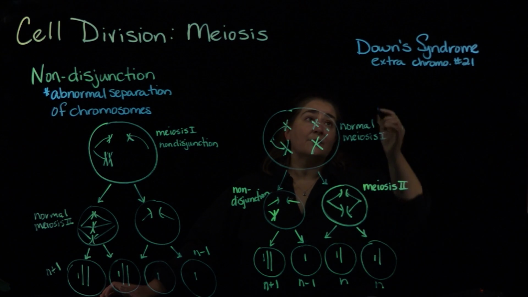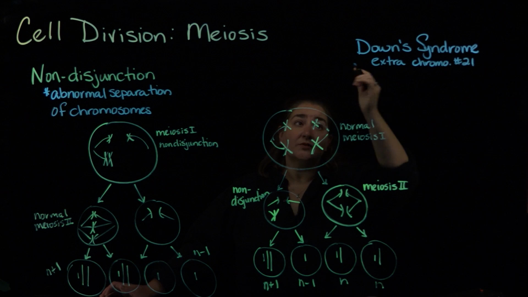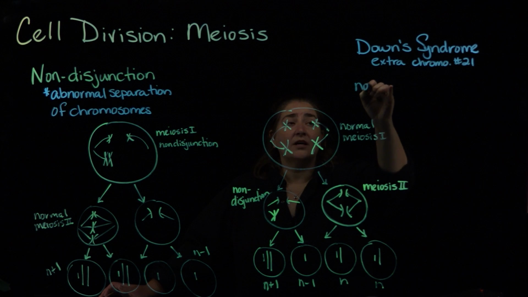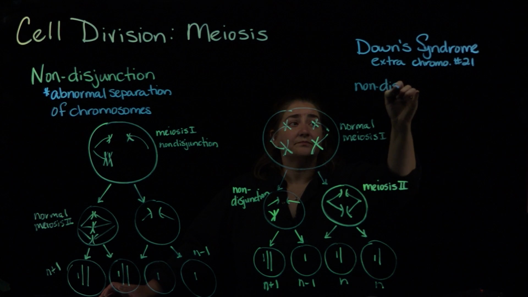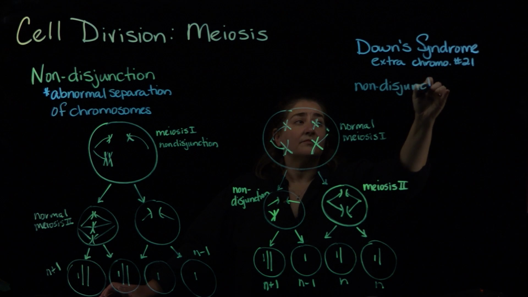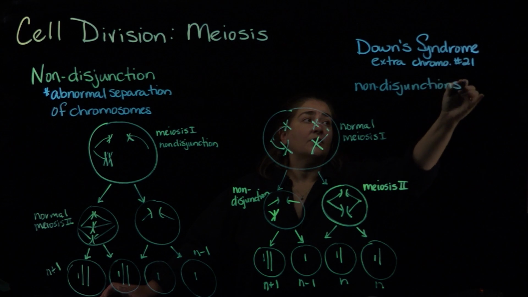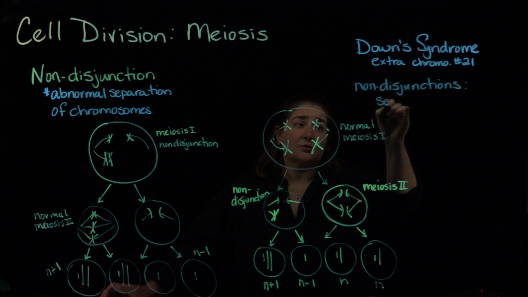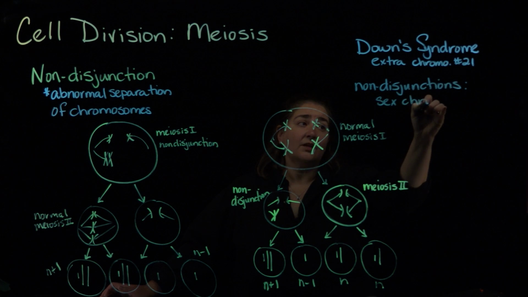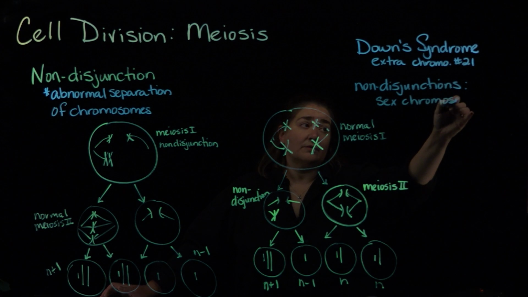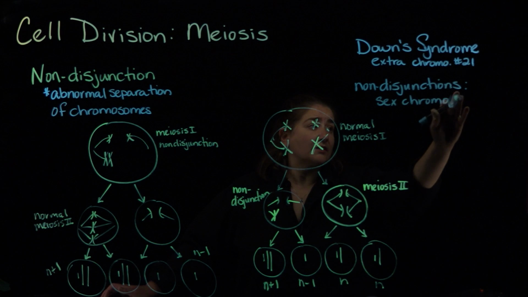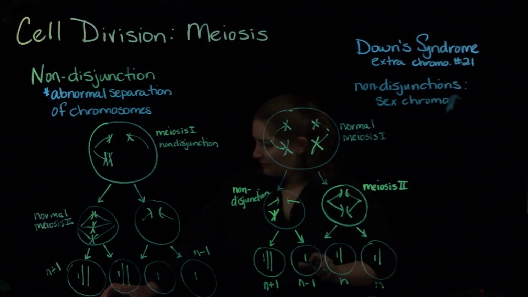The other examples of viable offspring involve non-disjunctions with the sex chromosomes.